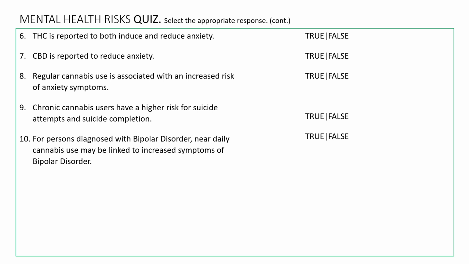True. Number 9, chronic cannabis users have a higher risk for suicide attempts and suicide completion. True or false? True. Number 10, for persons diagnosed with bipolar disorder, near daily cannabis use may be linked to increased symptoms of bipolar disorder. True or false? True.